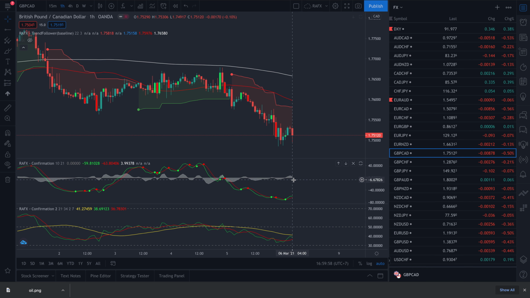Okay, although we have here a buy signal in the confirmation, but this indicator and the confirmation two is still on short bias. So again, GBP CAD will be on the waiting list of our possible trades.